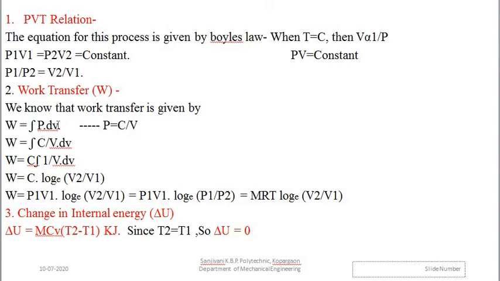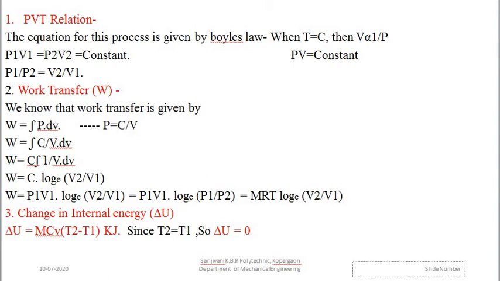So we can replace the pressure by some term. We know that PV is equal to constant, so P is equal to C upon V, that is constant upon volume. We replace the P in the equation: W is equal to the integration of C upon V with respect to dV.